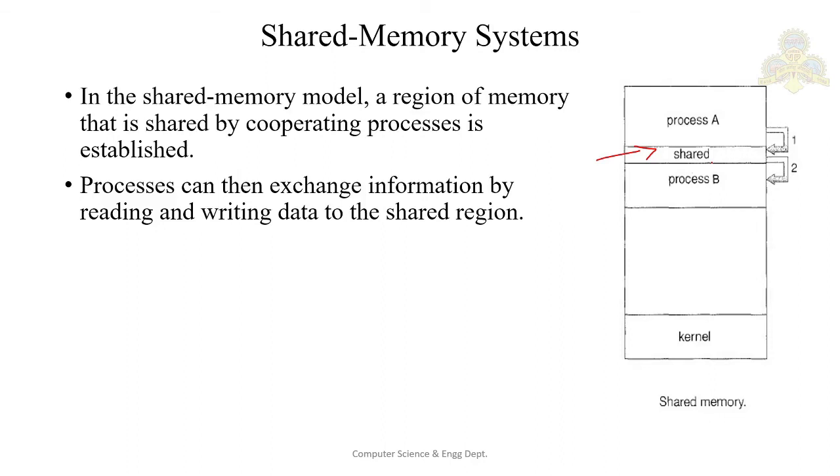The processes are also responsible for ensuring that they are not writing into the same location simultaneously. Whenever we have a shared memory system, the operating system is not in charge of this; it is the responsibility of the processes. So this is about shared memory systems.